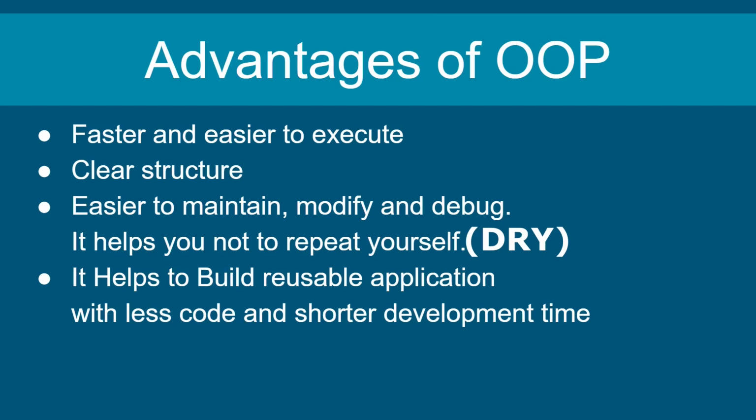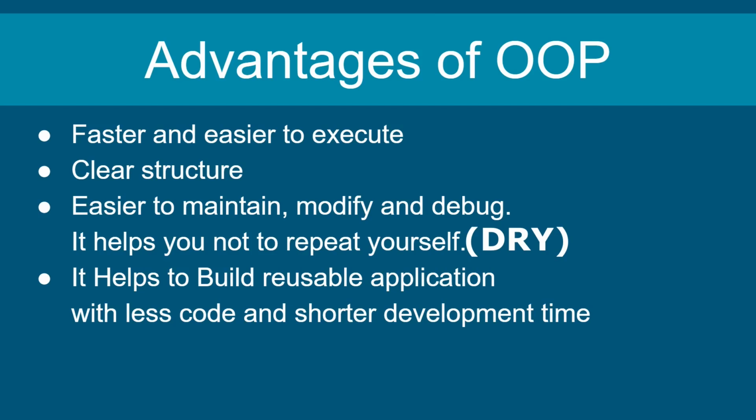It makes the code easier to maintain, modify, debug, and extend. It makes it possible to create fully reusable applications with less code and shorter development time. One thing about the "don't repeat yourself" thing, it is a principle about reducing the repetition of code.